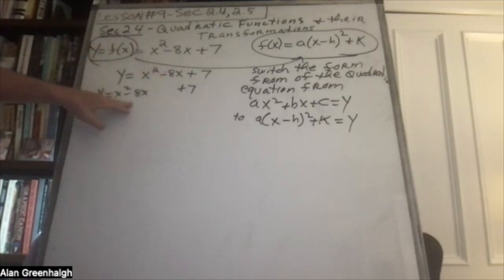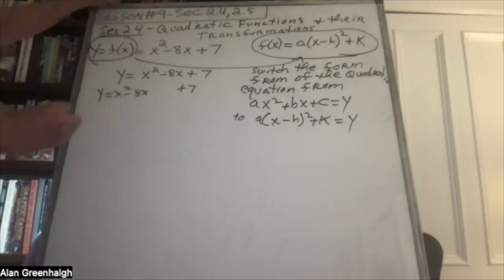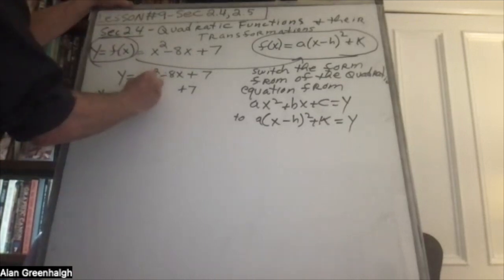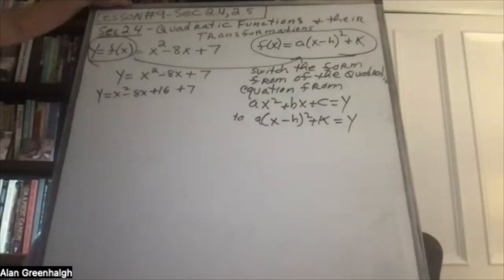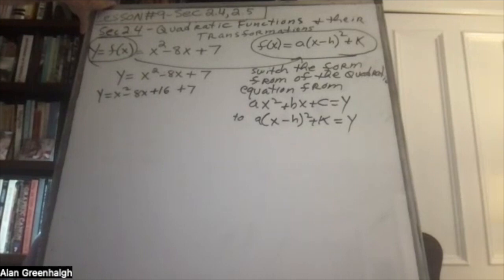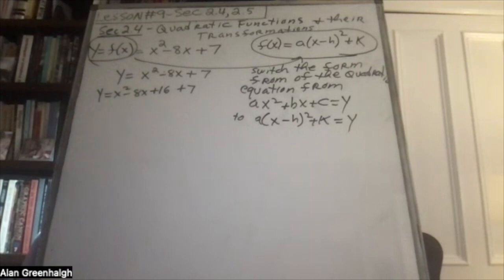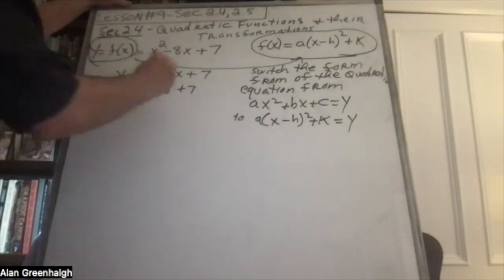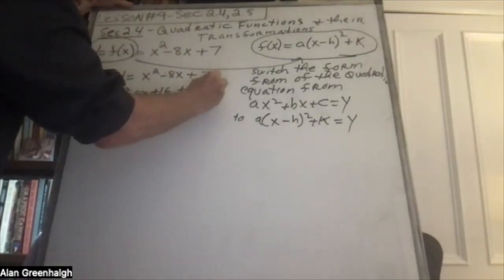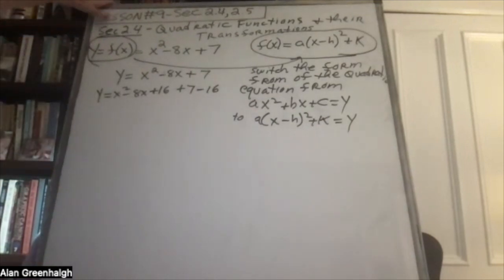Now we do completing the square. Well, half of 8 is 4. 4 squared is 16. But I can't really go over to an equation and put a positive 16 over there. So what I do is, at the same time, I put a negative 16 on the same equation.